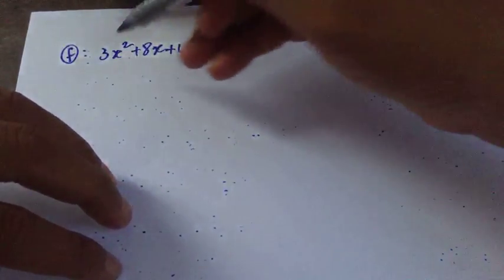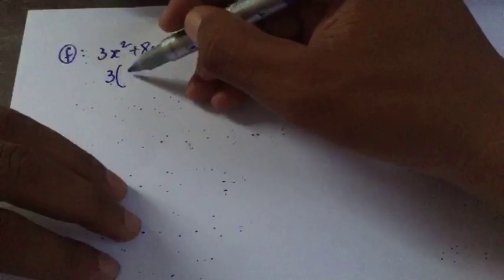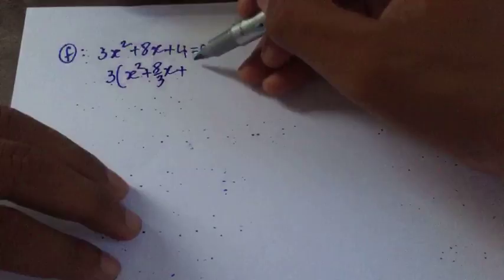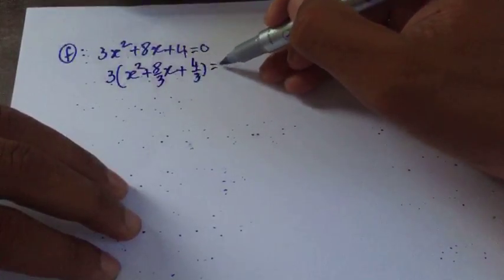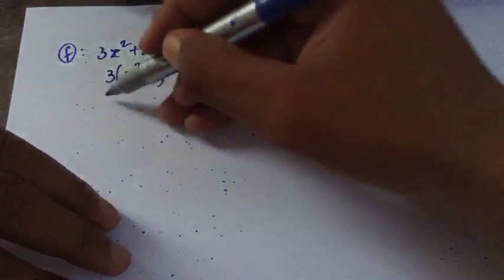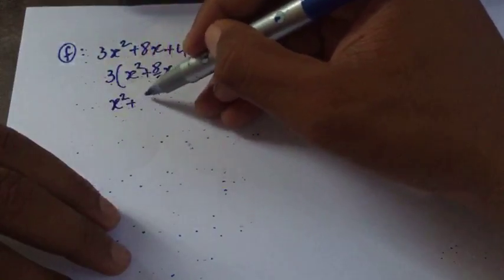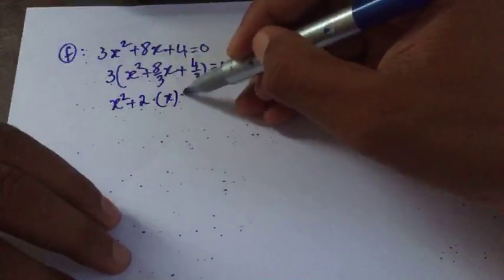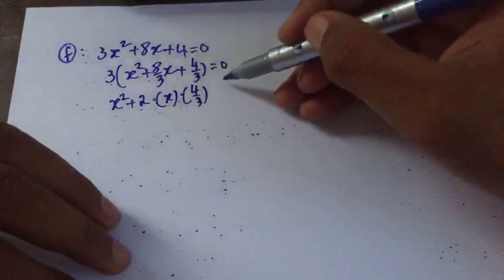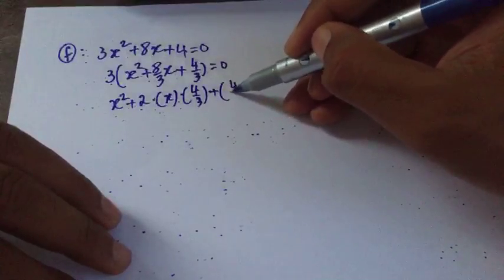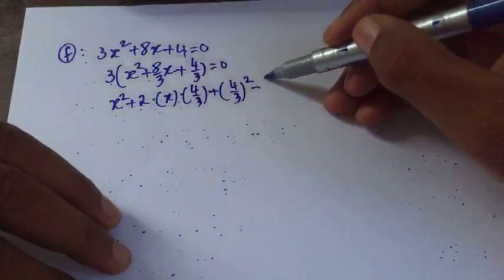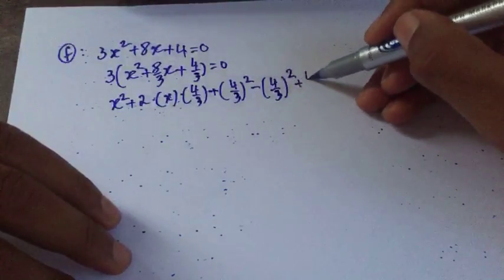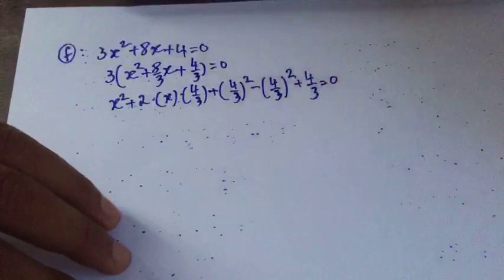Okay, we solve it by factorizing. X squared plus 8 divided by 3x plus 4 divided by 3 equal to 0. And then x squared plus 2 times x times 4 divided by 3 plus 4 divided by 3 square minus 4 divided by 3 square plus 4 divided by 3 equal to 0.